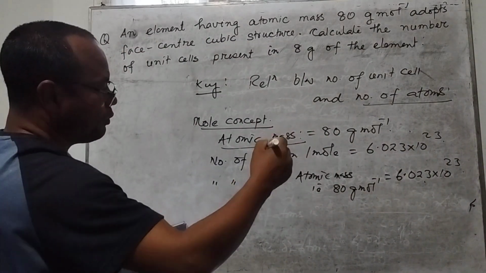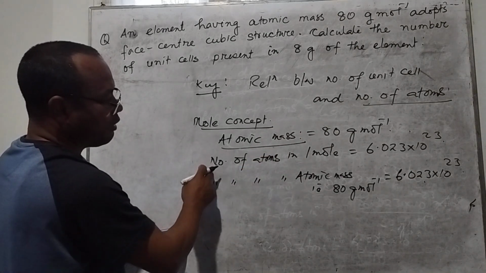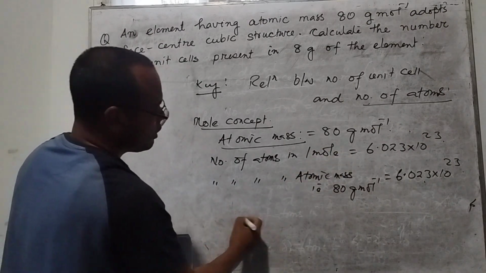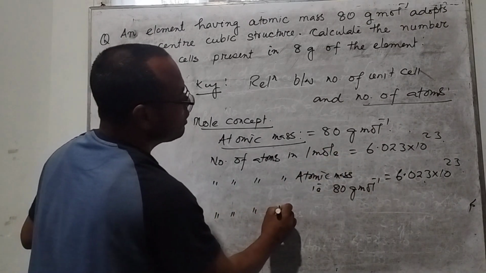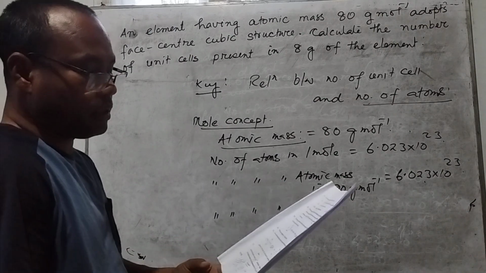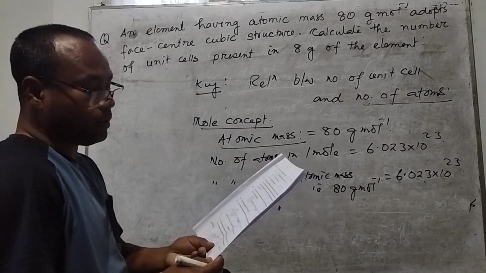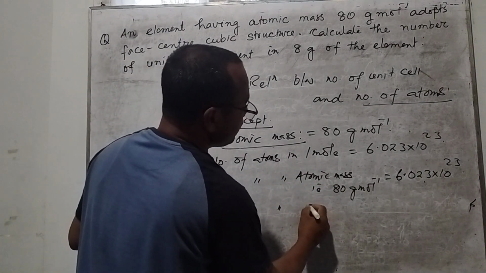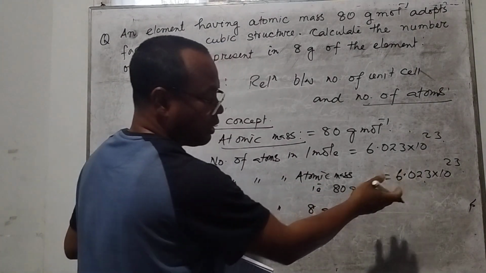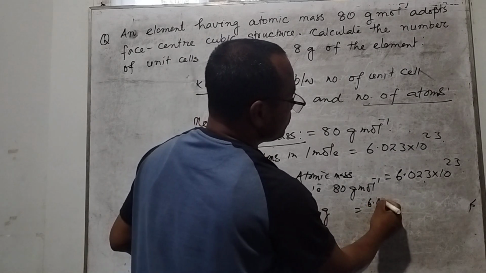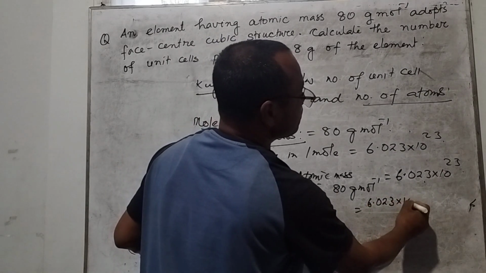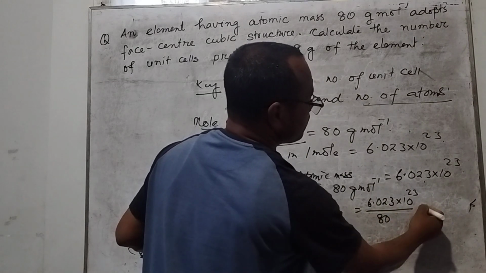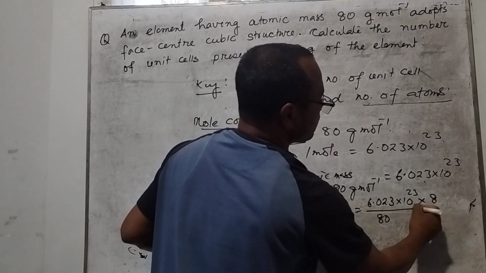Now we are going to calculate the number of atoms in 1 gram. Let me write the number of atoms in 8 gram of the element. We know the calculation: 6.023 into 10 to the power 23 divided by 80 grams per mole, then into 8 grams.